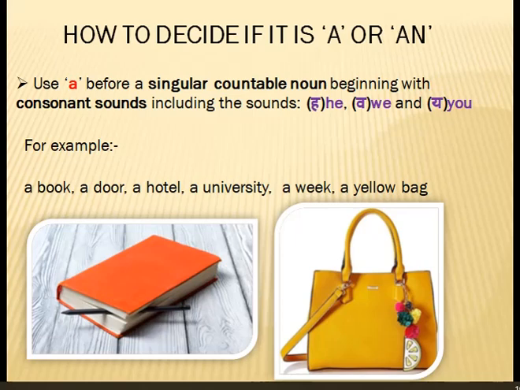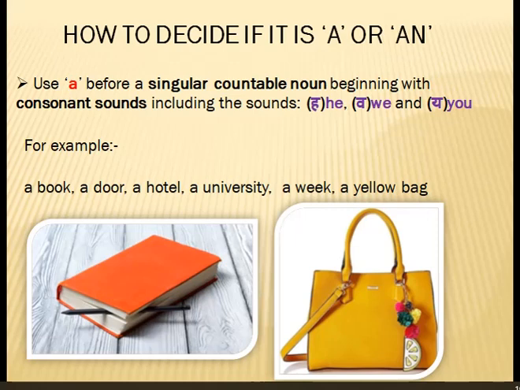See, like here. A book, a door, a hotel, a university, a week, a yellow bag. All these are singular countable nouns. And the sound of these words begin with a consonant.